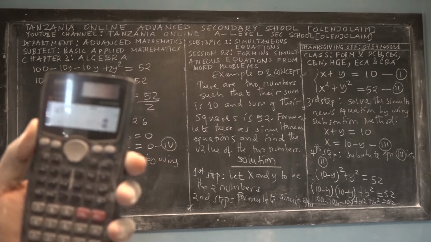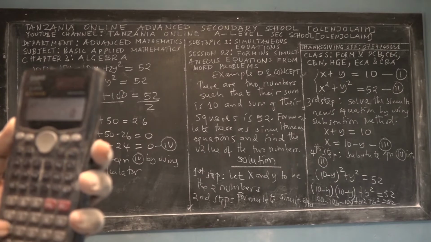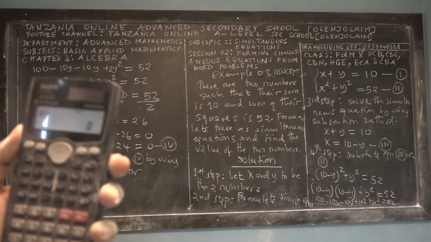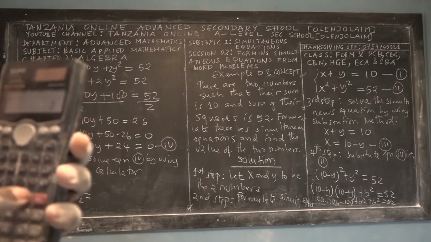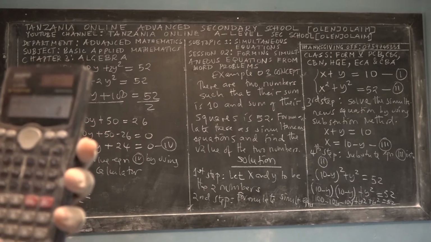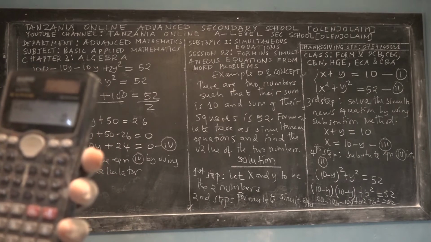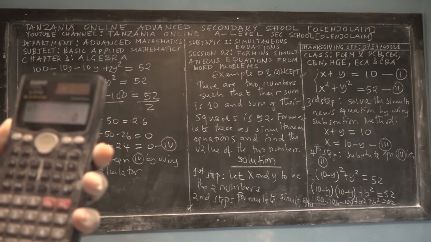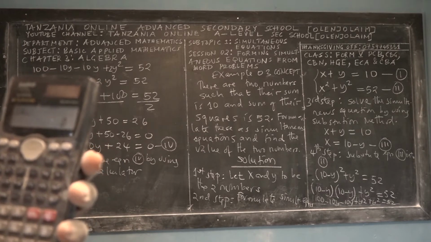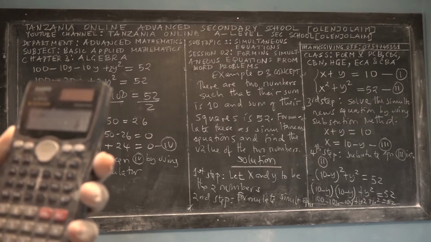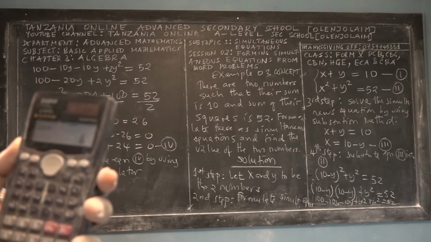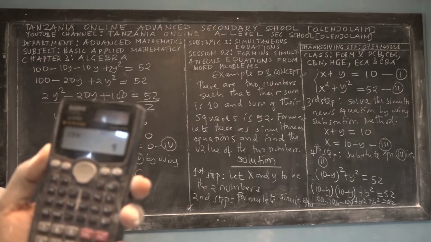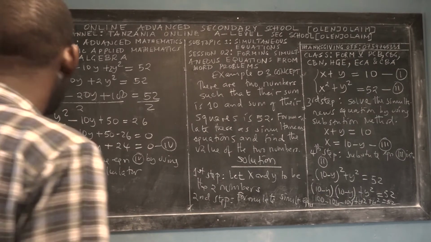It's 2 degrees. What is the coefficient of y squared? It's 1. The coefficient of y is negative 10. What is the coefficient of c, the coefficient of y to the power 0? It's 24. So x1, which is y1, is equal to 6, and x2, which is y2, is equal to 4.